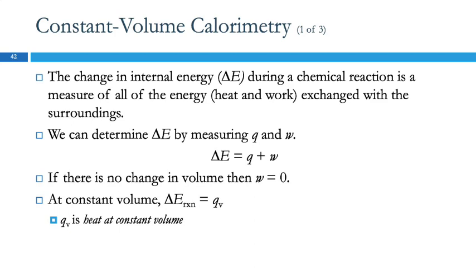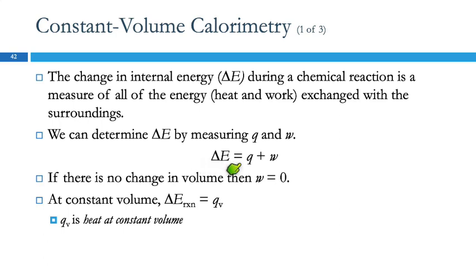So the reason we're talking about all of this is we want to be able to get at the energy change during a chemical reaction. So the internal energy change is going to be all the heat and work that's exchanged with the surroundings.